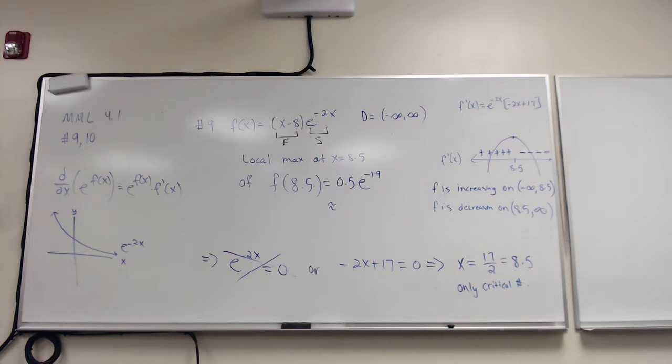Yeah, there's a 3 at the end, but there's more important digits. So essentially the local maximum is 0 and they like it.